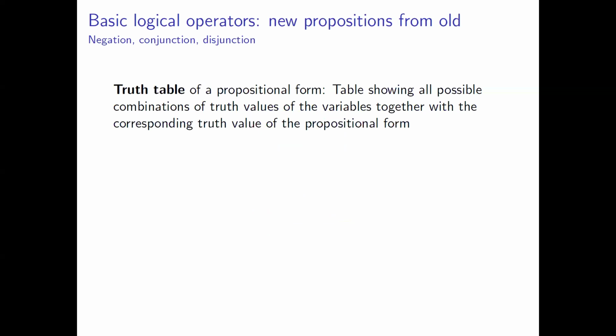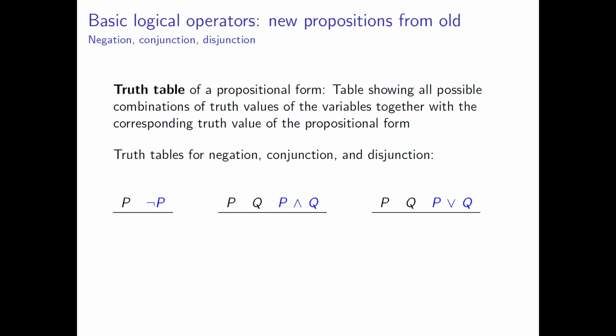The truth table of a propositional form is simply a table showing all possible combinations of truth values of the variables together with the resulting truth value of the propositional form. To illustrate, let us show the truth tables of the propositional forms not P, P and Q, and P or Q. For brevity, we use the symbol T for true and F for false.